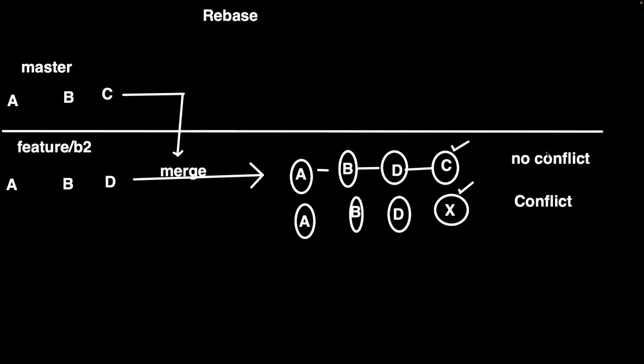Then you would see the commit history like this. These are from the parent branch, meaning the main branch from where you created this. This is from the child. This is again from the parent.